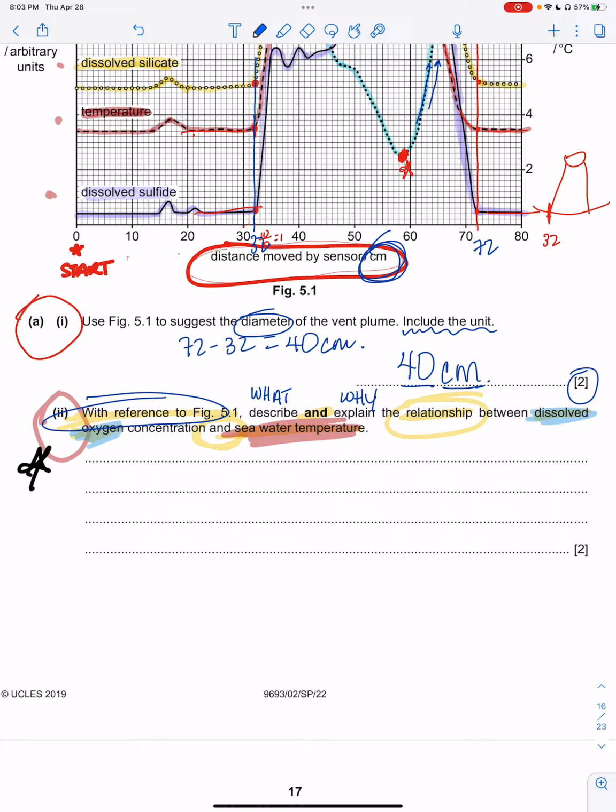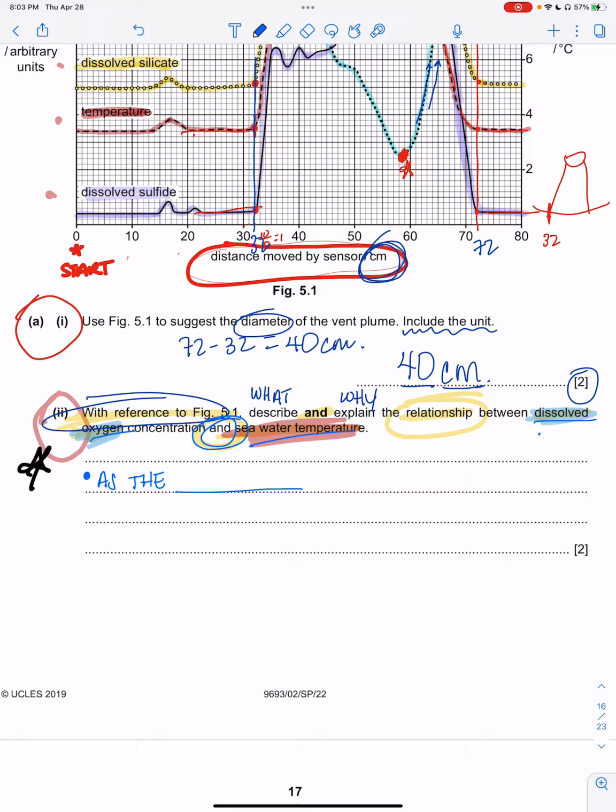All right. Describe. So what is the relationship? Here's that wonderful sentence: dissolved oxygen and seawater. So as the, think about what controls what before you start writing it. I know that they said dissolved oxygen and seawater, but before you even write that, consider what is controlling the other.